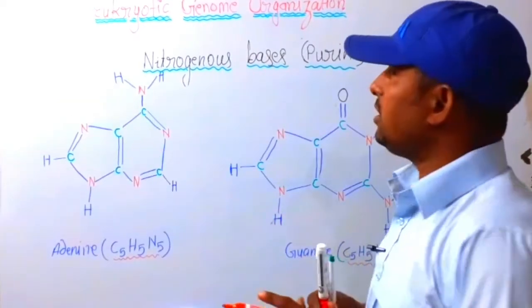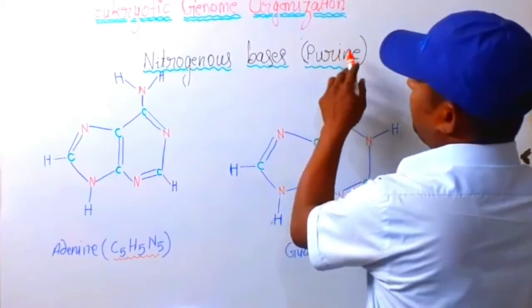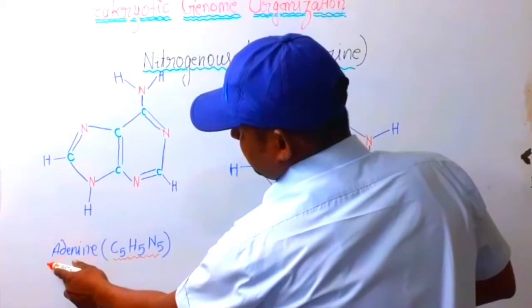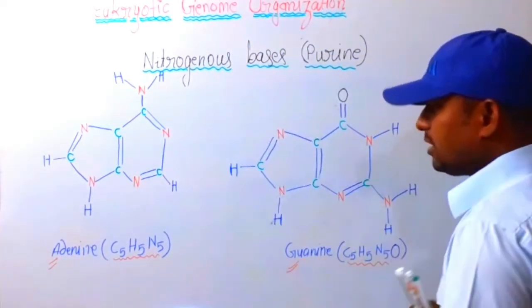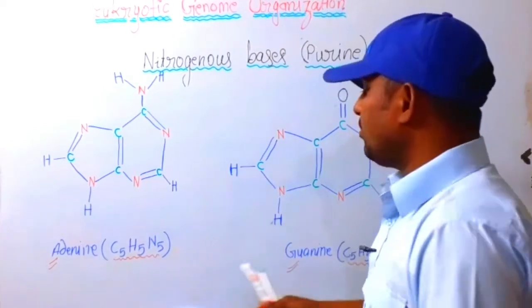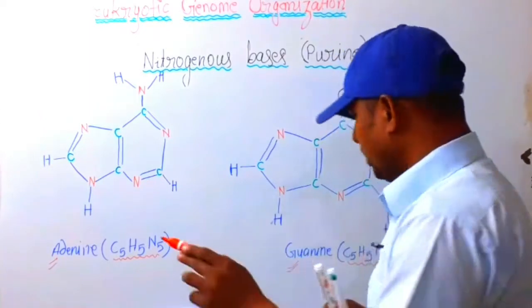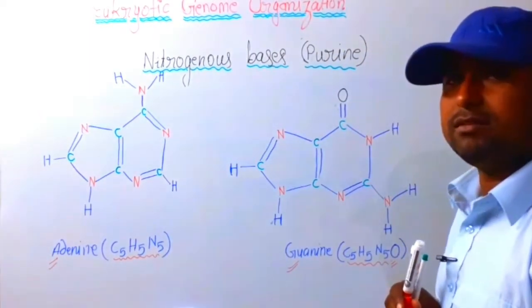You are seeing the structure of the purine nitrogenous bases adenine and guanine. The molecular formulas of adenine and guanine are very similar. The only difference is an oxygen group.